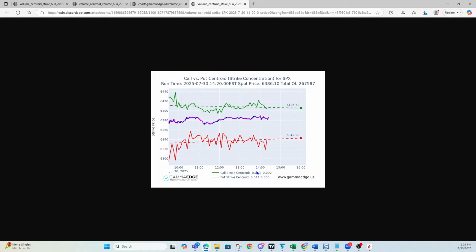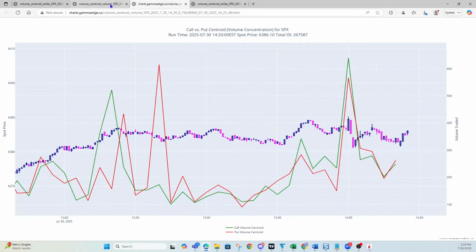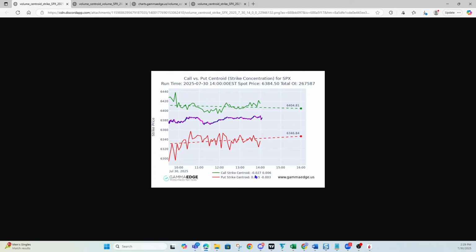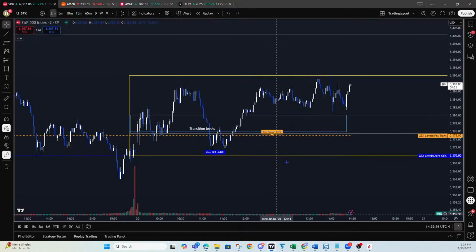Our last one was negative 0.027, and now we're negative 0.023. So just barely pulling the nose of that call centroid up. So no urgency for call speculators to the upside at the moment. You see that railroad track continuing, and most likely it will continue until after the press conference.